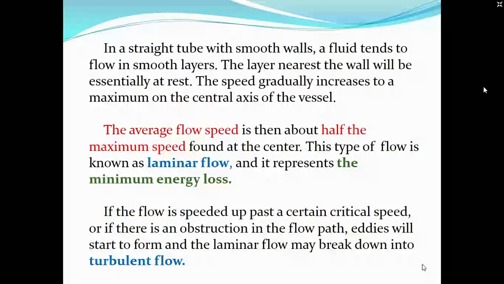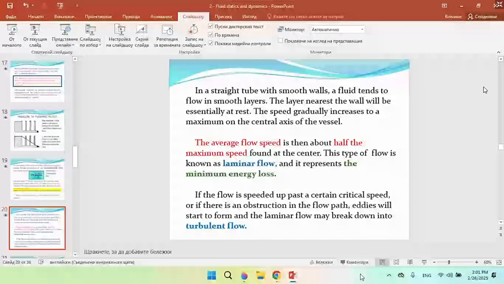In case of circulation, turbulence occurs if the travel speed is much higher than the so-called critical velocity. Next time we will study a formula, but let me write it today as well.